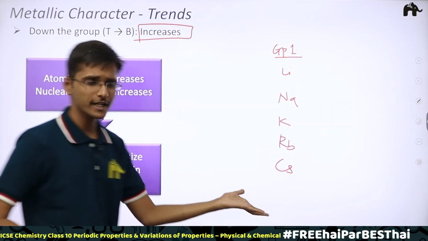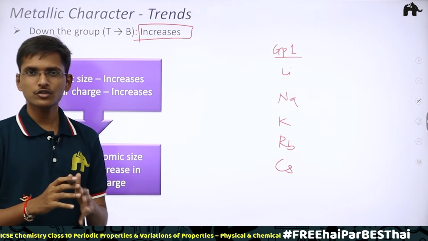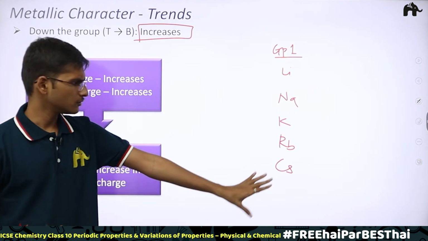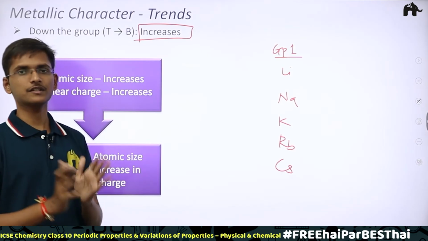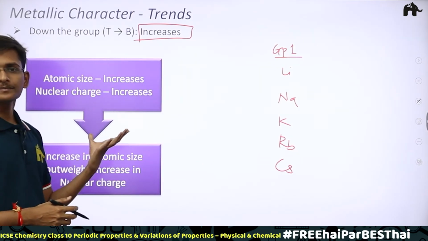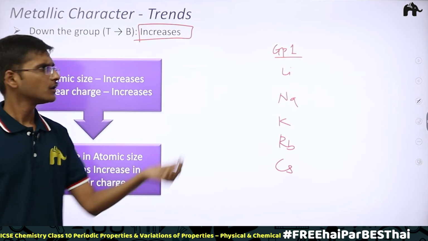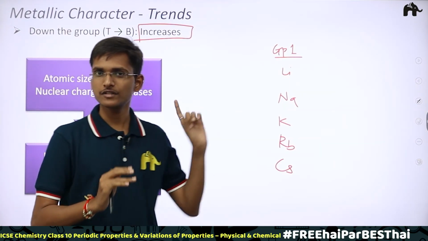We are not going to take francium because francium is radioactive, so we don't know its properties in detail. So let's consider the group 1 elements up to cesium. Now, what is happening? We know that metallic character depends on two factors: atomic size and nuclear charge. When we move down the group, we know atomic size increases. We have just now studied that, right?